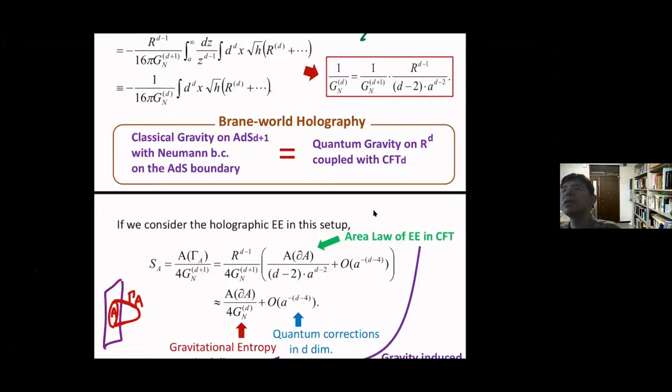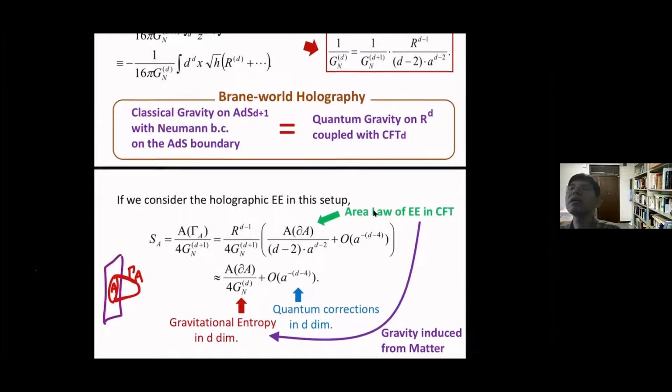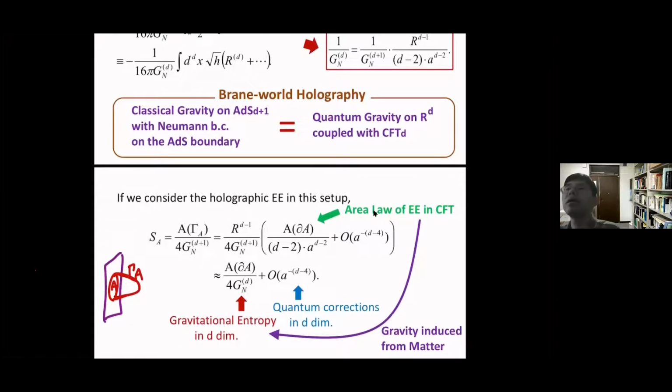I see. So because this CFT is only defined up to some scale related to A, it's a UV cutoff, a finite cutoff CFT. So I don't think there is overcounting of degrees of freedom here. I see. Thank you.